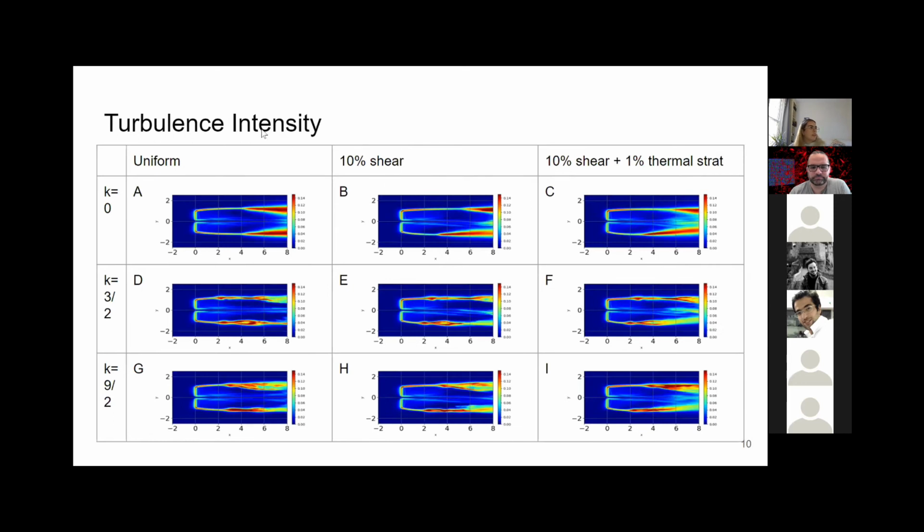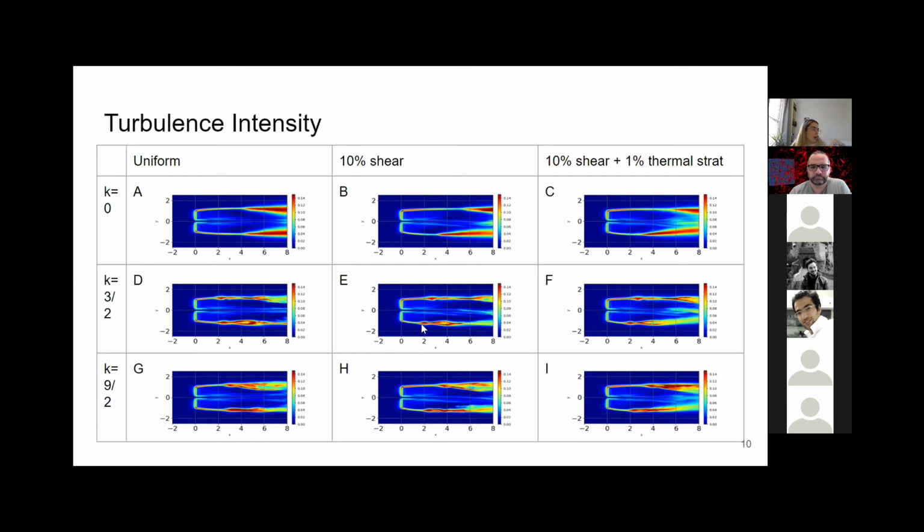The turbulence intensity is a useful statistic to show us exactly where the wake is breaking down, through the growth of the turbulence intensity. So you can see clearly here how the shear is delaying the onset of turbulence along the top and quickening up the onset of turbulence along the bottom.